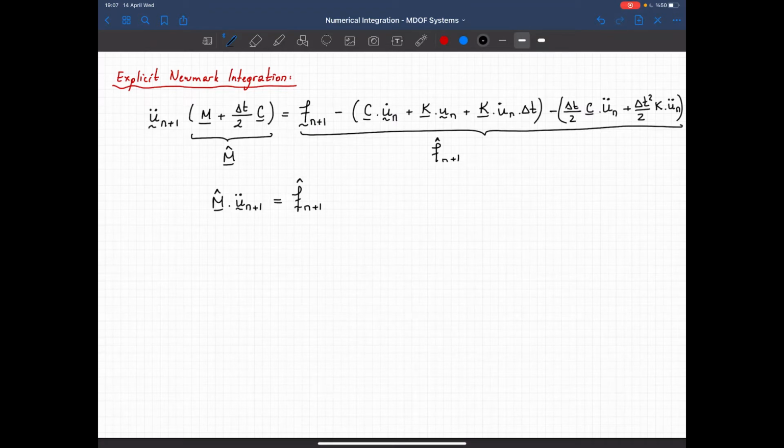So that's the explicit Newmark integration. Now let me write the same equation for the implicit Newmark.